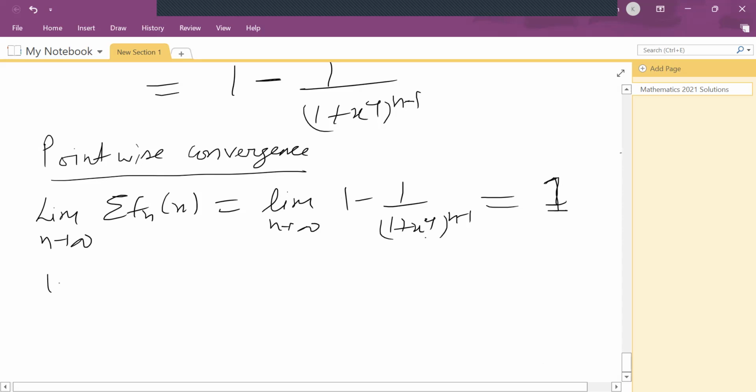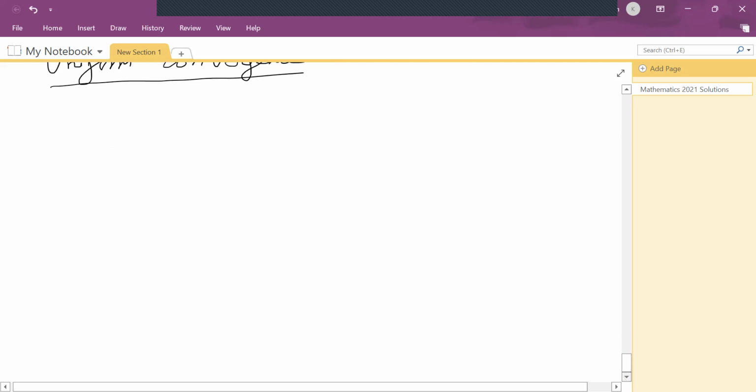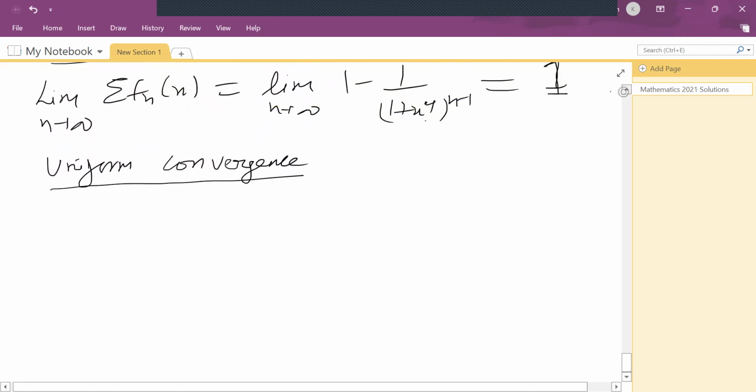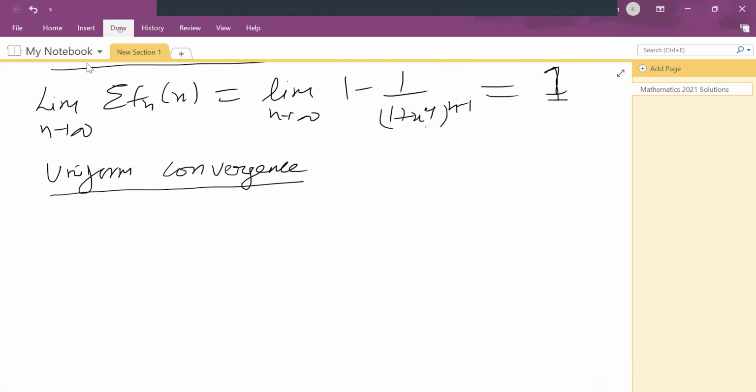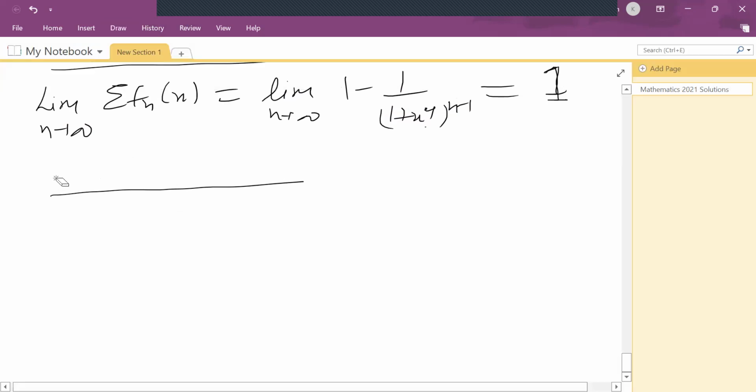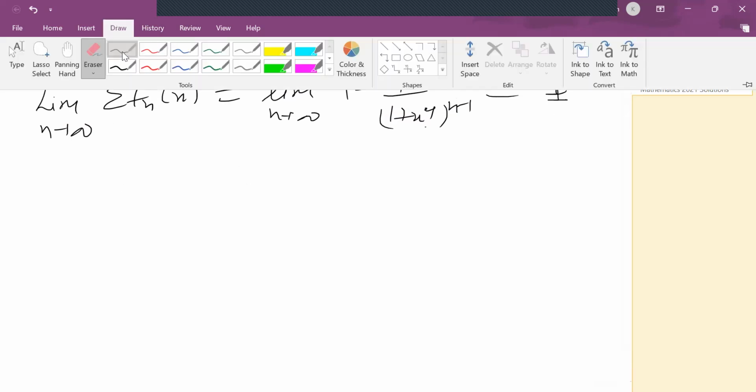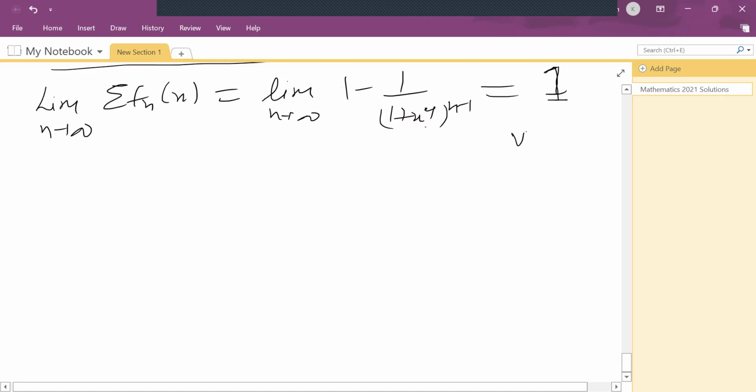Now let's check the uniform convergence. Before checking this, one more thing: this is true for all x not equal to 0.